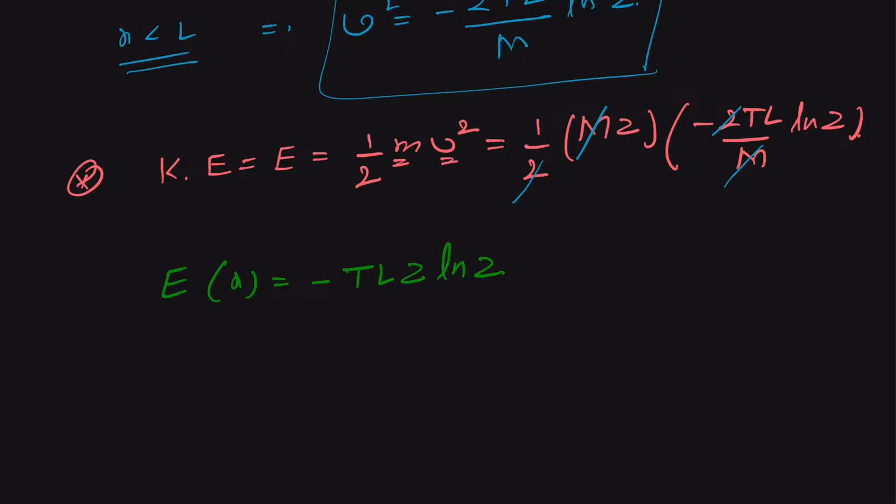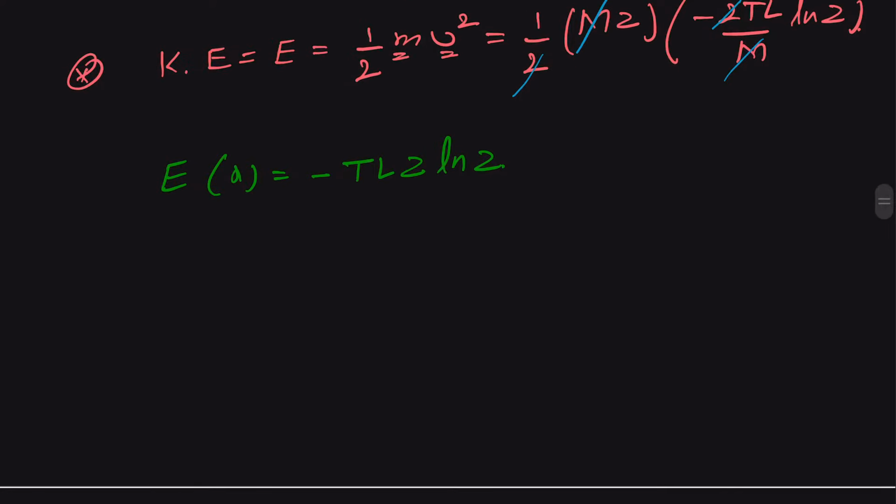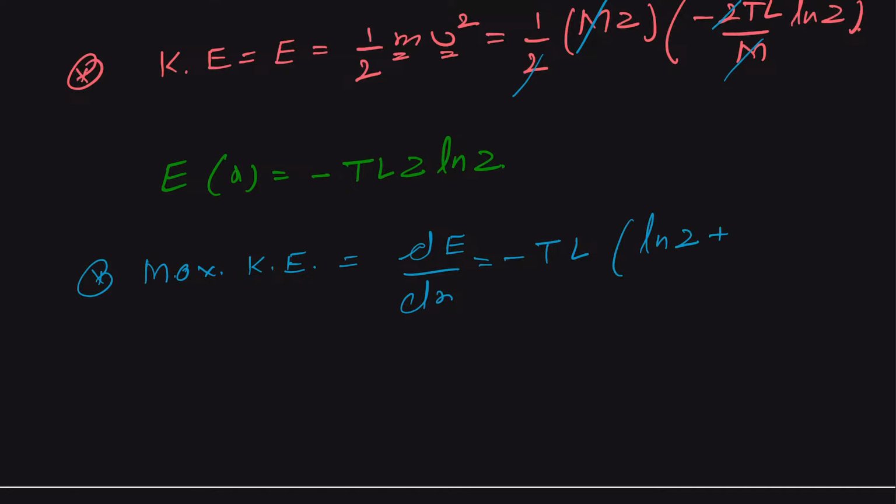So we got our kinetic energy, and we are going to find the maximum value of this kinetic energy. Obviously we are going to differentiate it. So we take dE upon dx. This gives us minus TL times natural log of z plus 1, and we set it equal to 0.